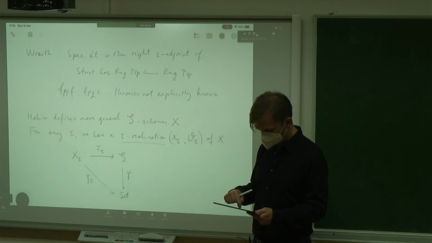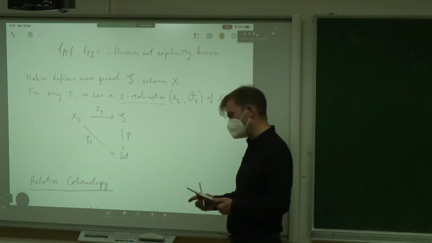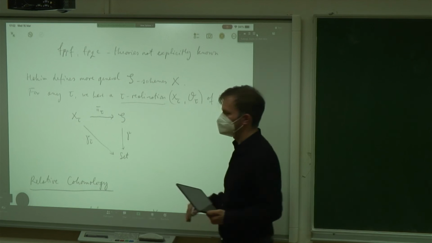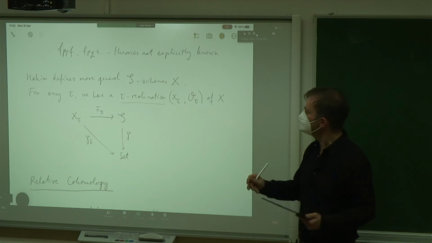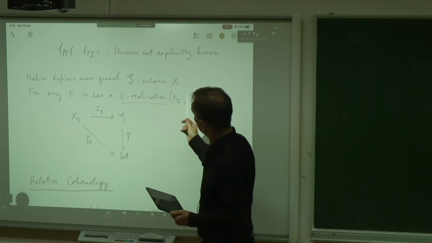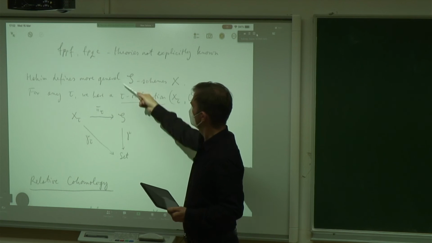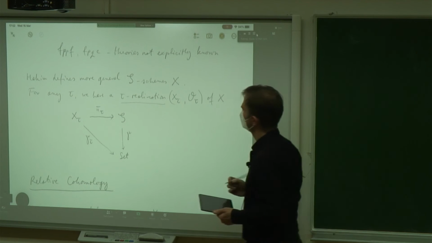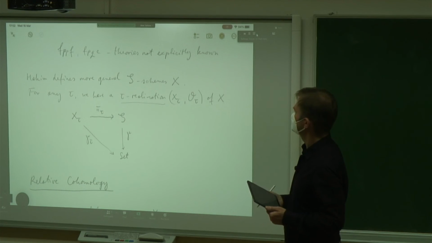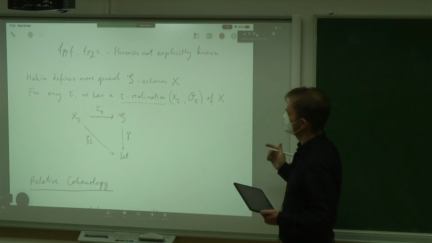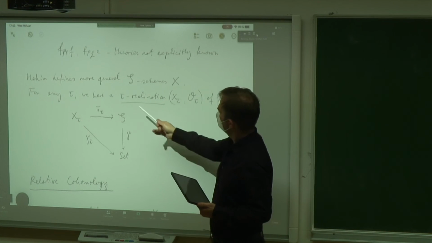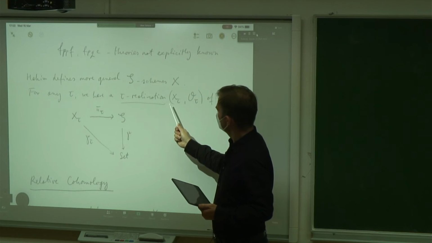Now, Hakim goes further and doesn't consider just affine schemes, but defines more general S-schemes, so schemes over a base topos S. And for any scheme topology tau, you obtain a tau realization functor.